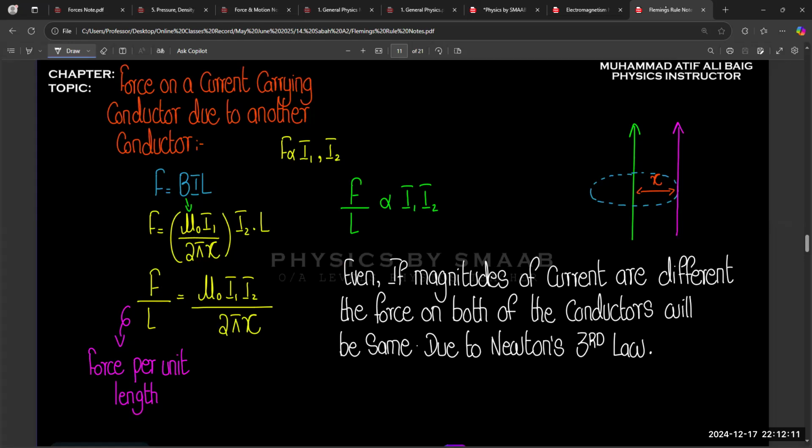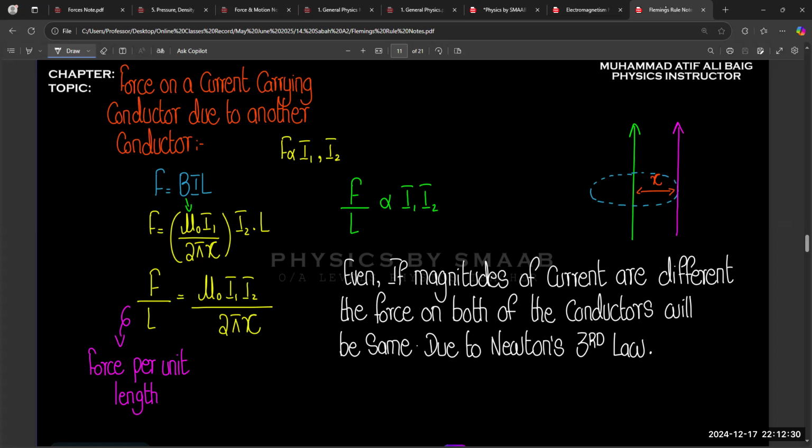So if the current values are different on both conductors, the force would still be the same. Yes, because from this formula we derive that F over L is directly proportional to the product of I1 and I2.